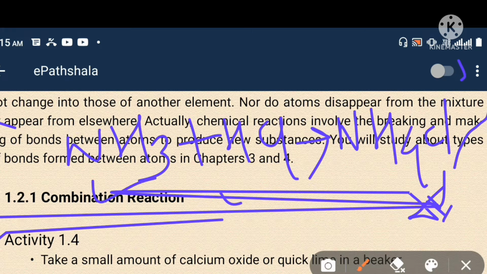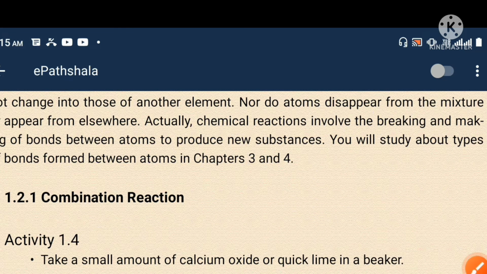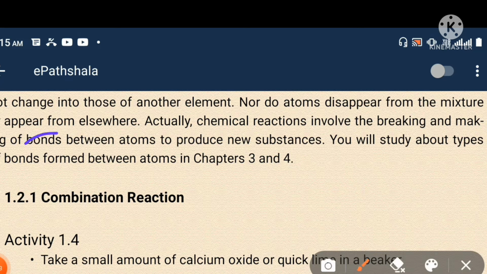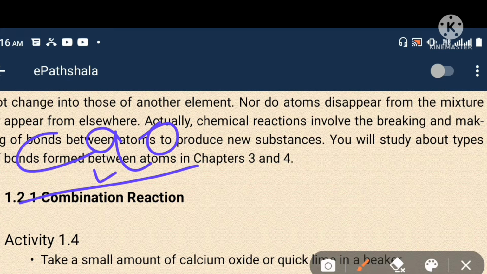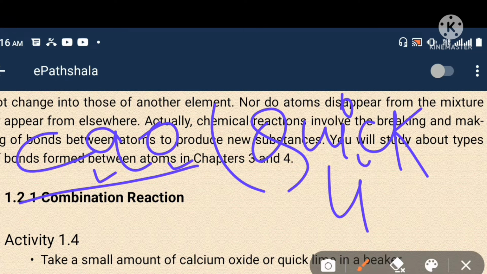Here two compounds. Now see this activity 1.4. Take a small amount of calcium oxide or quick lime in a beaker. What is the formula of calcium oxide? CaO. This is called calcium oxide and its common name is quick lime. In Hindi it is called chuna.